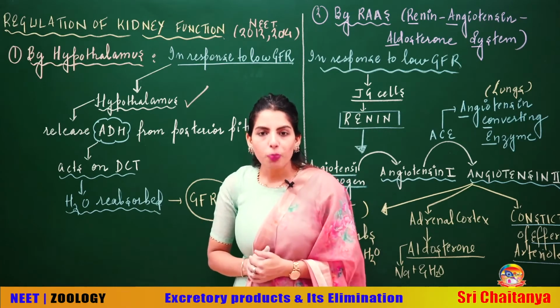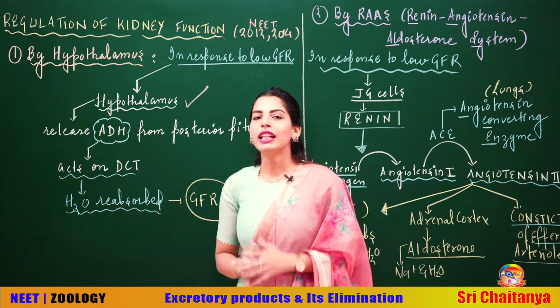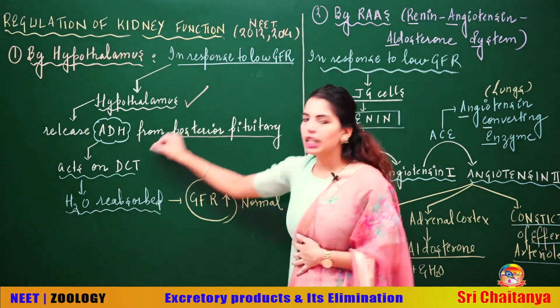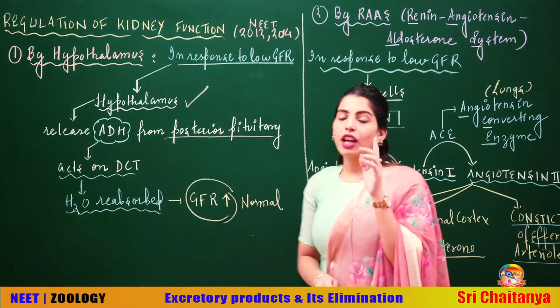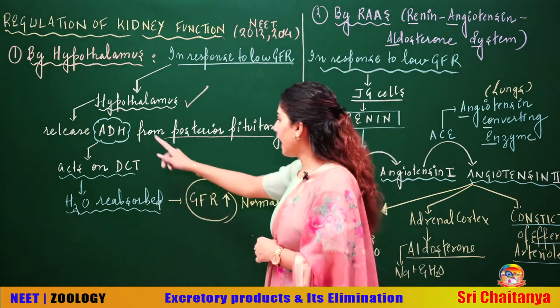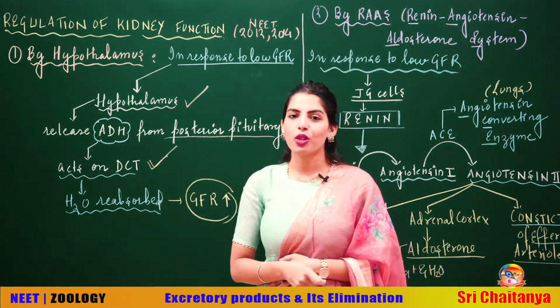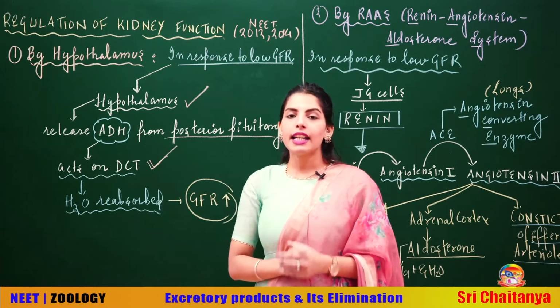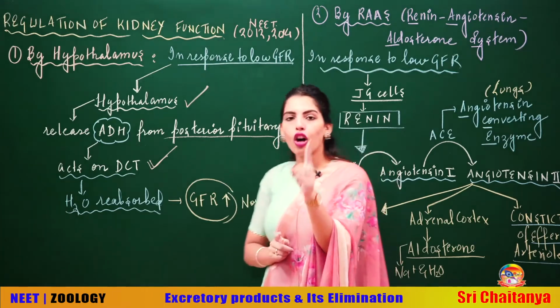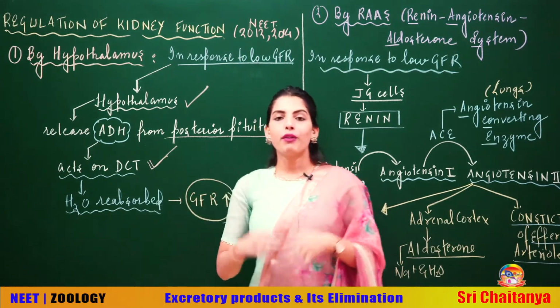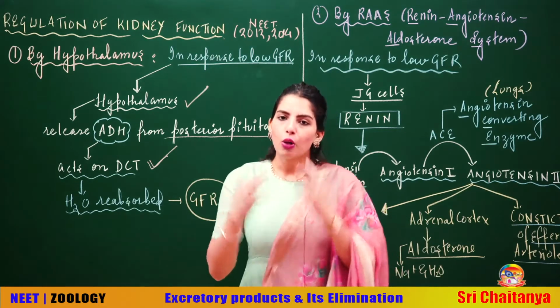ADH is stored in which part? Posterior pituitary. So it starts releasing this ADH from the posterior pituitary, and we have already discussed that this ADH acts upon DCT, from where conditional reabsorption was taking place. So, when this ADH or vasopressin acts upon DCT, it is responsible for reabsorbing a lot of water.